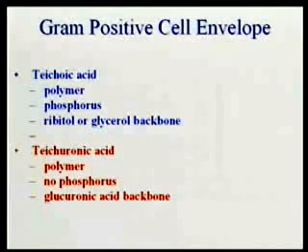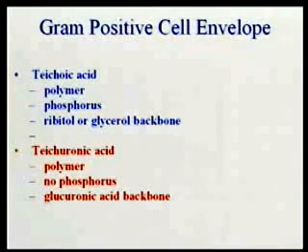Usually, there are 3 or 5 carbon sugars, ribitol or glycerol, in the backbone. I'm not going to make a big deal about the exact structures. What I am going to do is emphasize the difference between a teichoic and a teichuronic acid and why we care. This molecule is highly negatively charged because it's got a bunch of phosphate groups attached.